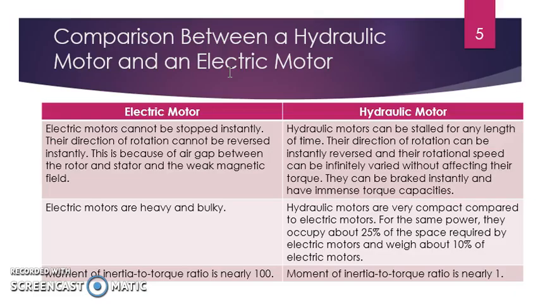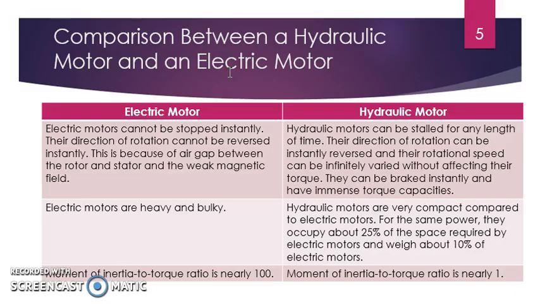But a hydraulic motor can be stalled for any length of time. Its direction of rotation can be instantly reversed and the rotational speed can be infinitely varied without affecting the torque. They can be braked instantly and have immense torque capabilities.